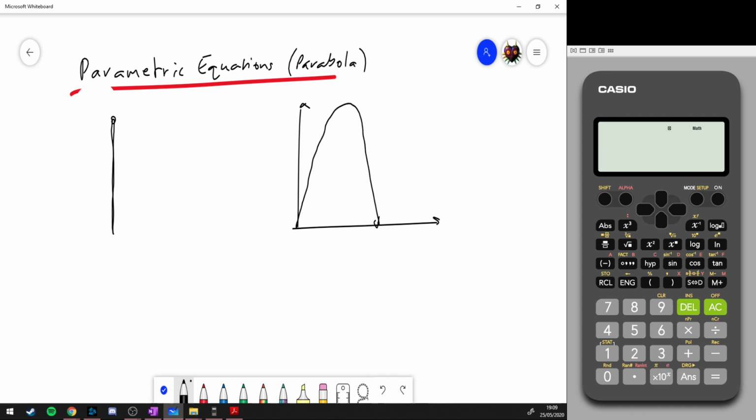Let's say someone graphed the equation, and the equation for this was y is equal to minus 5t squared plus 25t, because the ball is changing its height, which we will call y, based on the time, which we call t. The ball goes up and comes back down, making a parabolic arc.